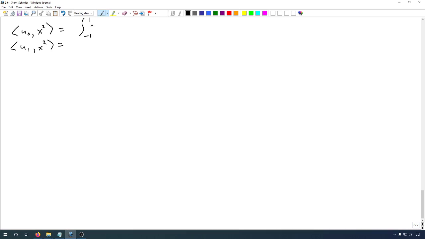So we'll take the integral from -1 to 1 of u0, but that's 1 over square root 2, times x squared. We can pull out the 1 over square root 2, integral of x squared. We actually found that a little bit ago. That was 2 over 3. And actually, we can go ahead and turn this into a square root of 2 over 3 if we want to rationalize.